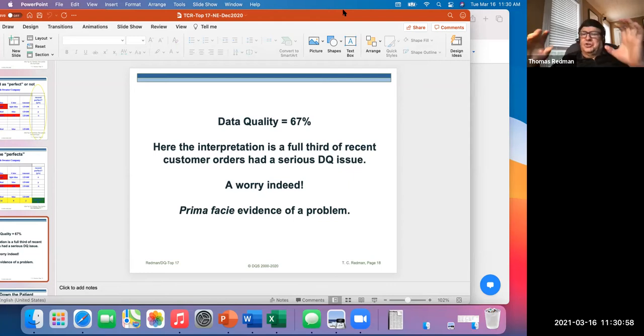Well, there's no hard interpretation of data quality equals 67%. We can't complete our work, a simple operation, a third of the time. So yes, there is a problem.